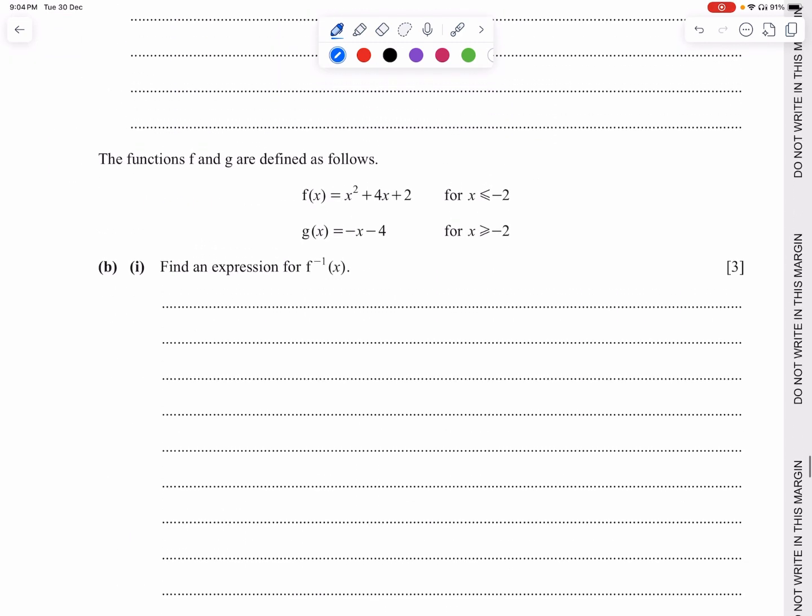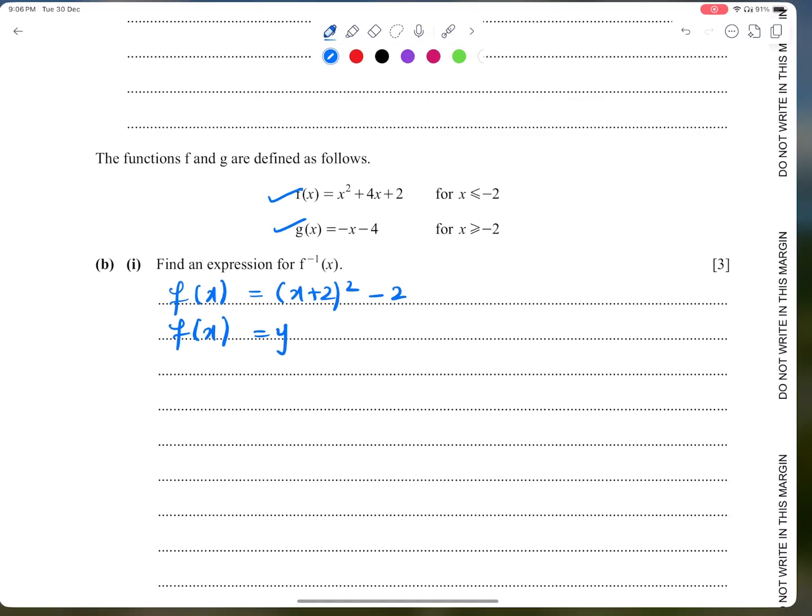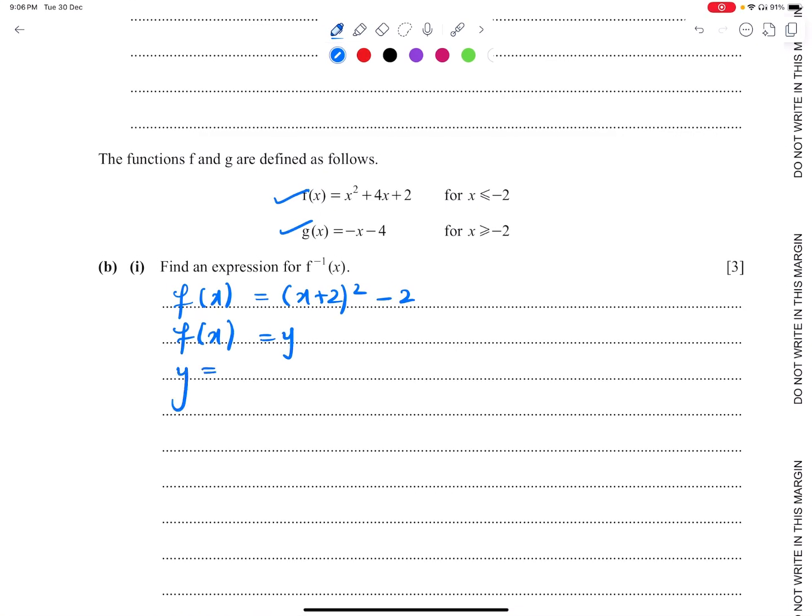The next question says, this is f of x, this is g of x. Find an expression for f inverse of x. So first of all, I'm going to rewrite the completed square form from the previous part. I know that f of x is going to be equal to y, so I'm just going to replace f of x with y.